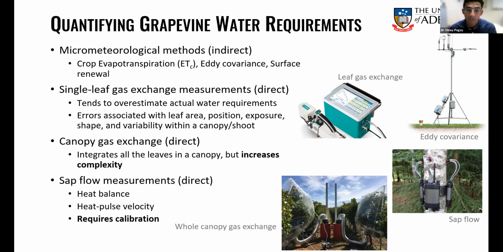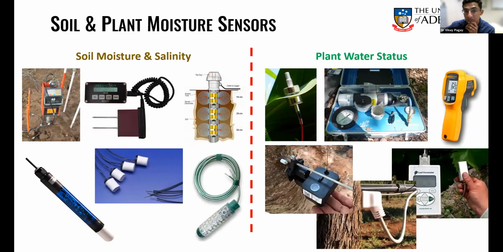So that makes it challenging to get repeatable readings depending on sap flow placement. And I'll talk a little bit about sap flow sensors and what sorts of calibrations are required. And obviously then an extension of gas exchange is a whole canopy gas exchange system, which I'll talk about, where entire vines are enclosed in chambers.